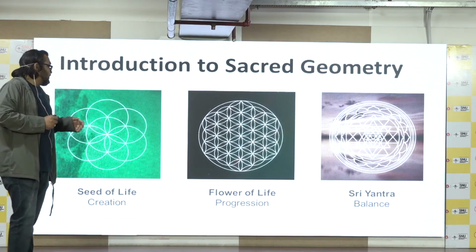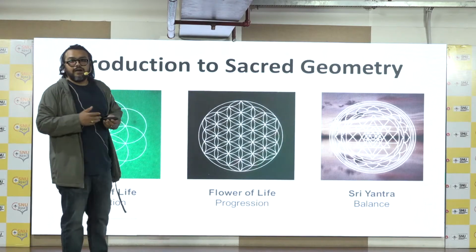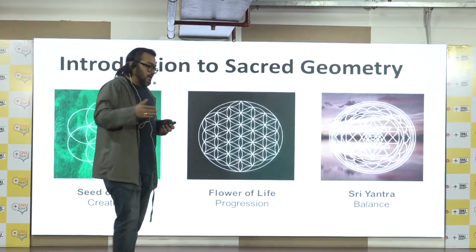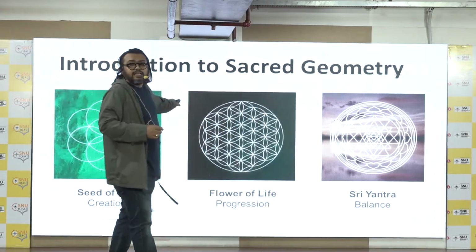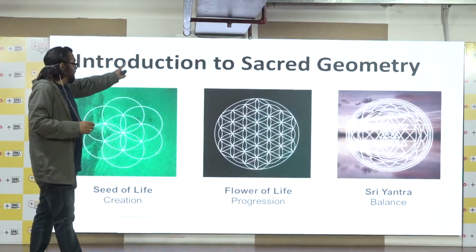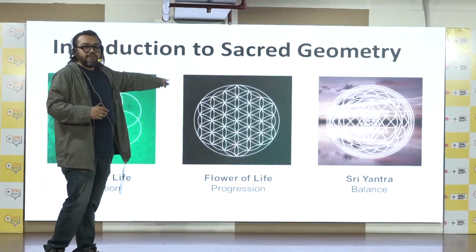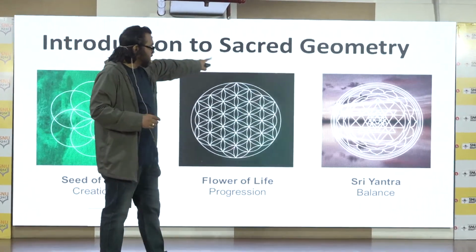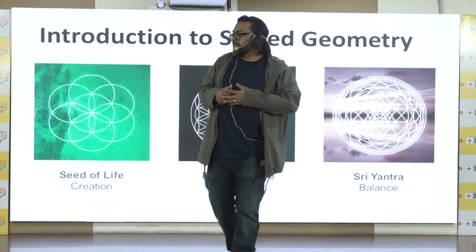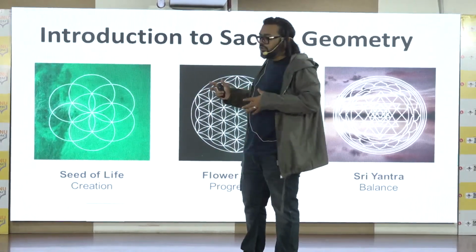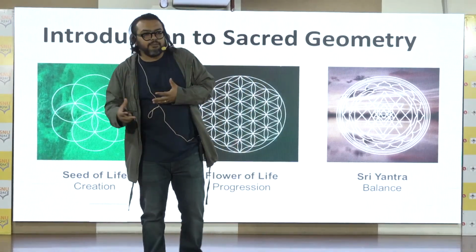Second is the flower of life, which defines progression, which defines the journey of being. So this, I can say, is the birth. This, I can say, is the journey that we have in life. And lastly, Sri Yantra is the balance. So many times, Sri Yantra has been used to understand the balance between masculine power and feminine power.